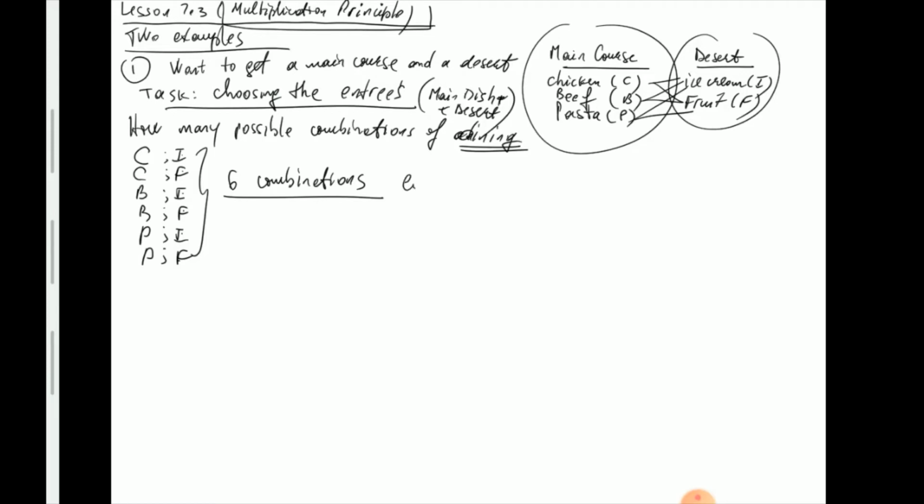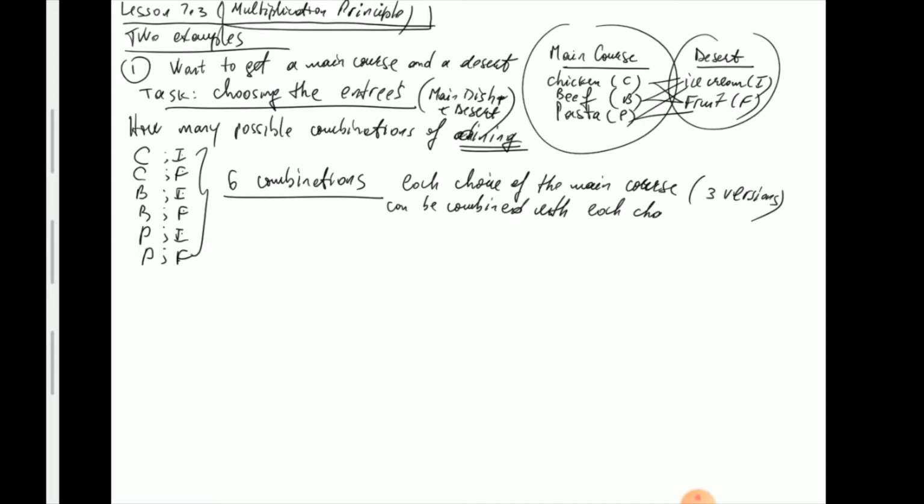Because each choice of the main course, of which you have three versions, can be combined with each choice for a dessert, of which there are two versions or two choices.